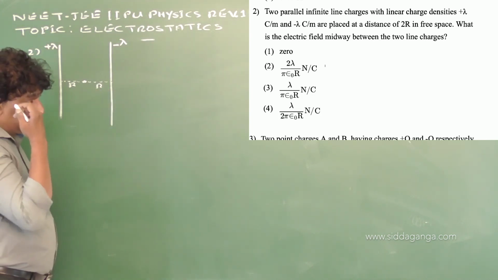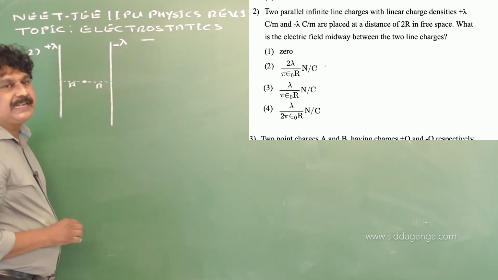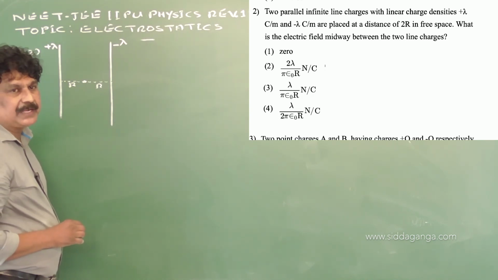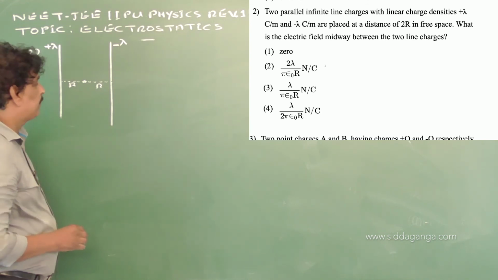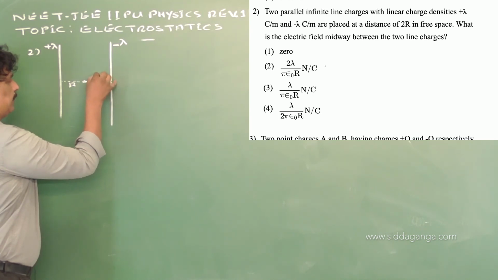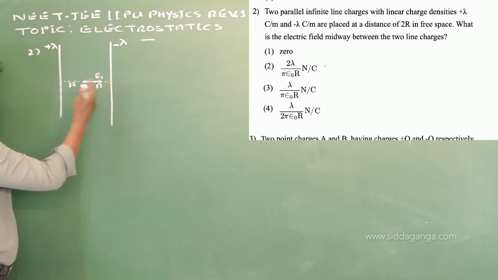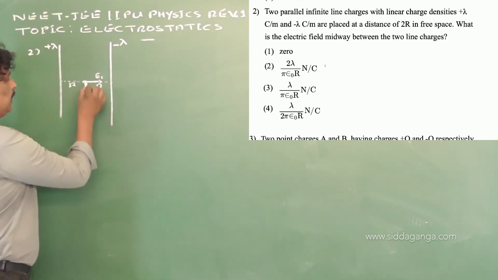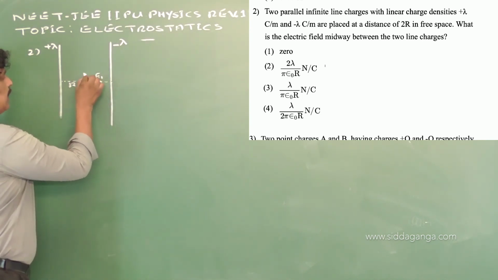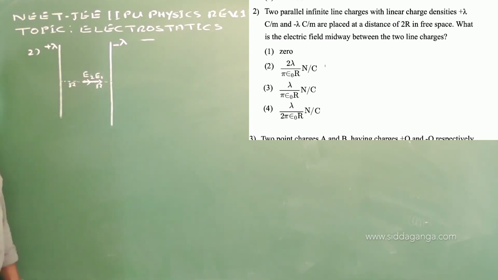And we know that an infinitely long charged wire produces an electric field E equal to lambda by 2 pi epsilon naught r. Here the electric field due to positive charge is directed away from the charge, and due to negative charge is directed towards the negative charge. That means the two fields E1 and E2 at the midpoint are in the same direction.